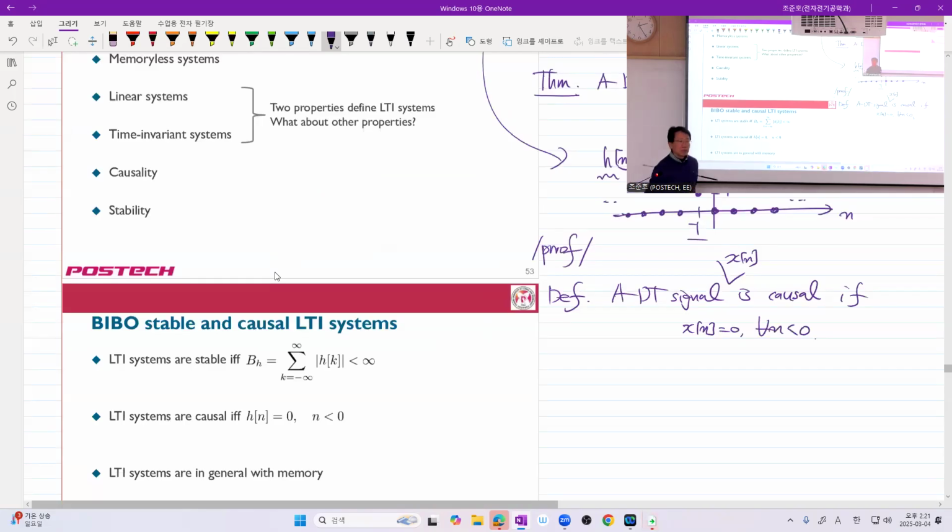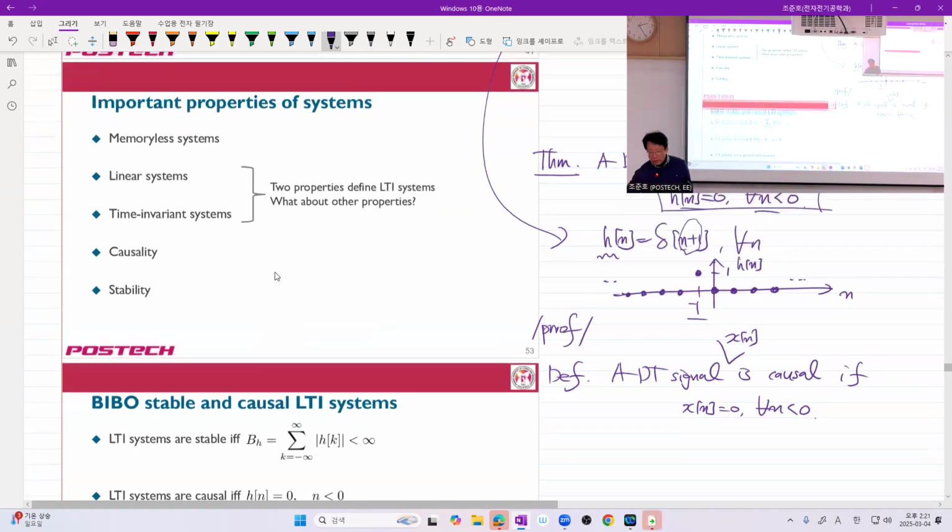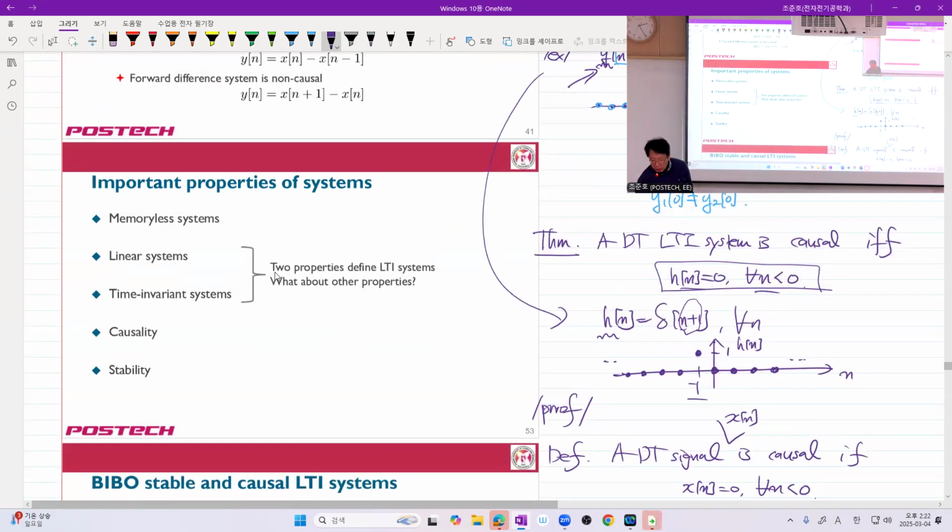Got it? So by introducing this definition, we may say this one as what? The impulse response is a causal signal. Got it?